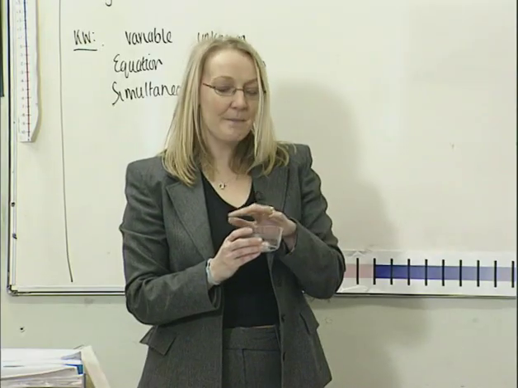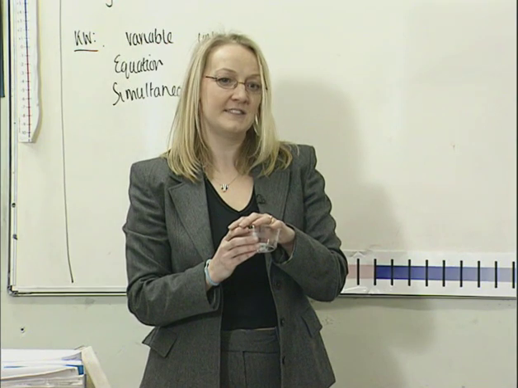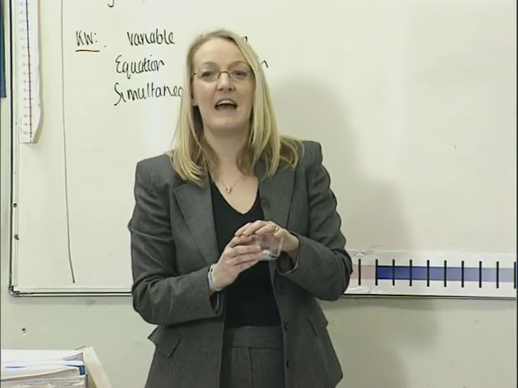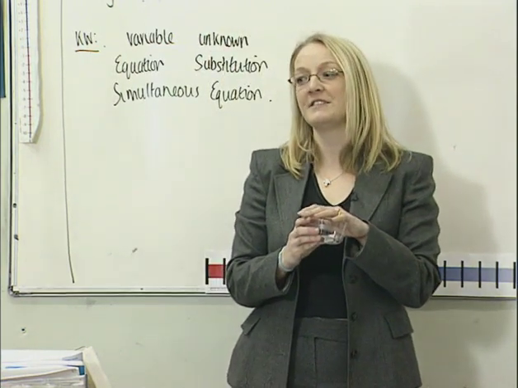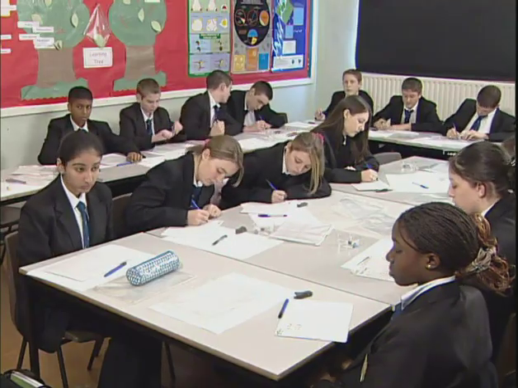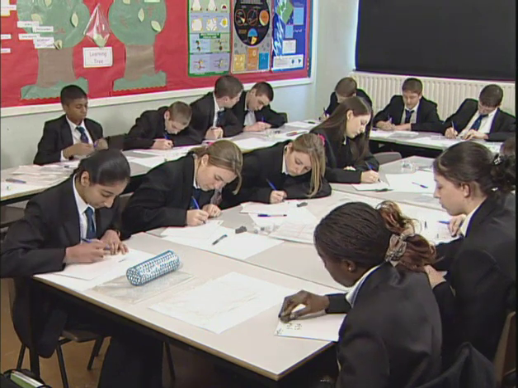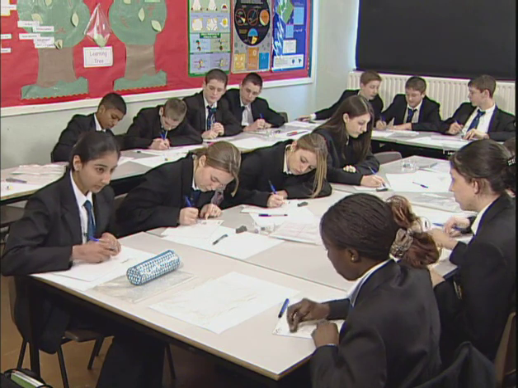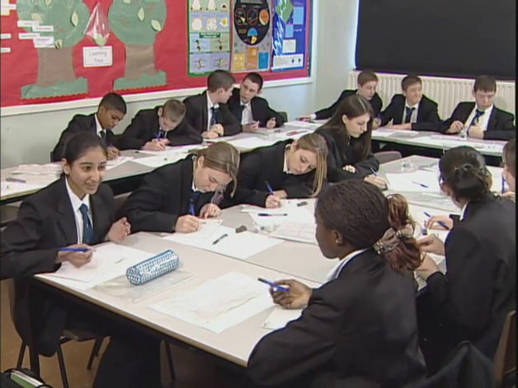My second statement is going to be the number on the large dice is 2 more than that on the small dice. I'm going to give you 30 seconds in your pairs to come up with the solution I have in my tub. Go.